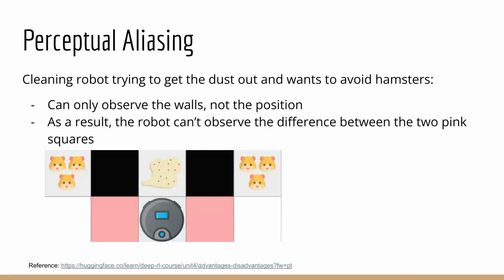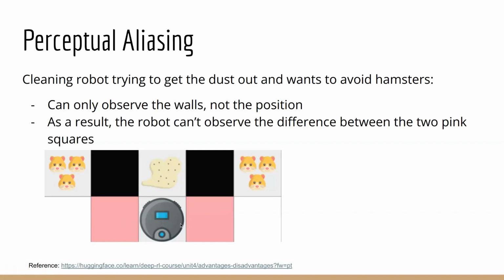Now we are going to go into a more concrete example. In this game, our agent is this cleaning robot. It's trying to suck up the dust from this corner between two walls, and it doesn't want to do anything to the hamsters.